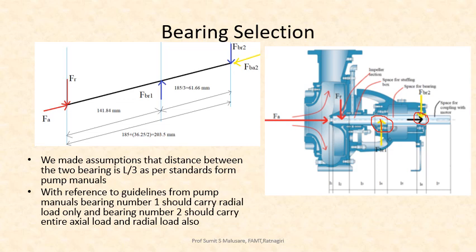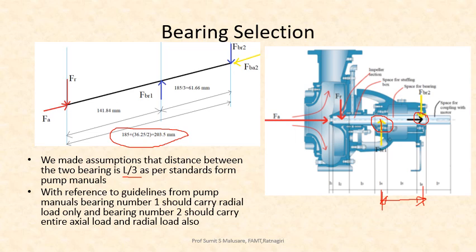So first of all I have to make an assumption for the length between the centers of the two bearings. For that reason we have to make the assumption that the distance between the two bearing centers is equal to total L divided by 3. Now the total L comes out to be 203.5 mm.